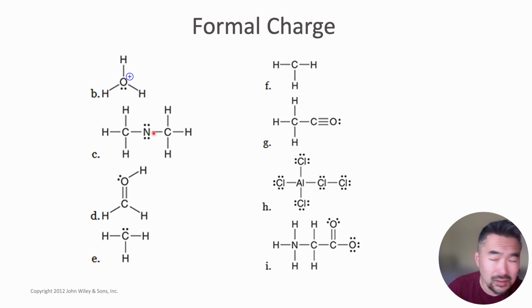Now in the next structure, if you look at the carbons, there's one other thing that might be helpful to you. Carbons, we said, should have 4 bonds, right? When an atom has the number of bonds that it should have, usually that does not have any formal charge.